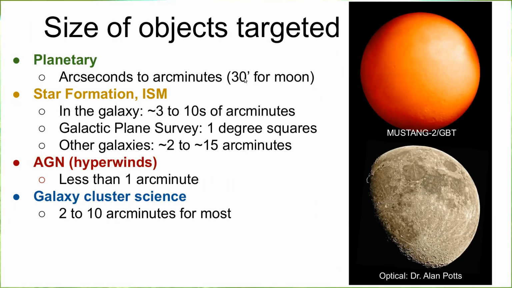Although it's a bit difficult, as I'll go into later, to fully recover scales that are beyond Mustang's instantaneous field of view. That said, it is doable, as can be seen from this image of the moon that we took.